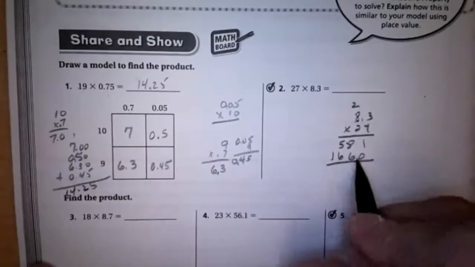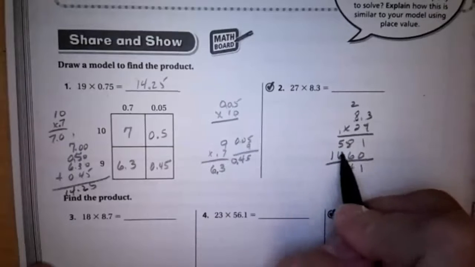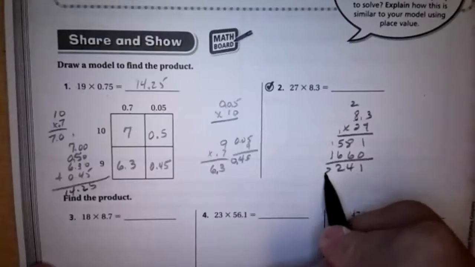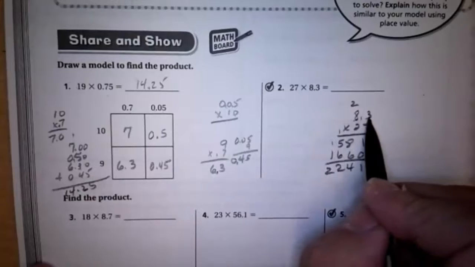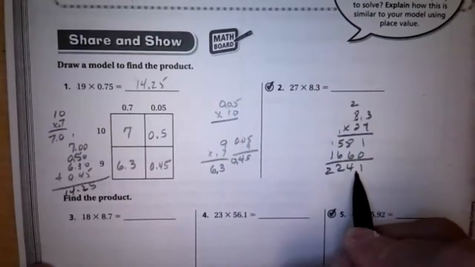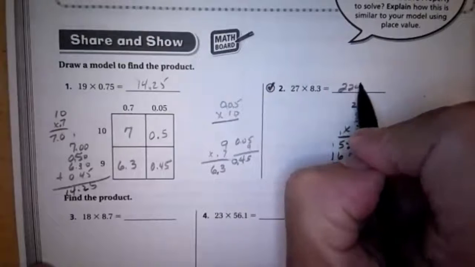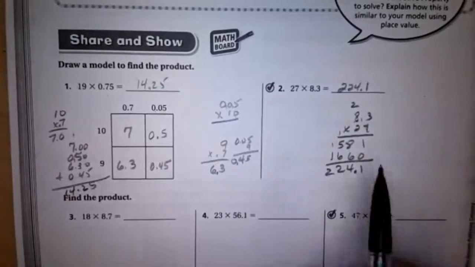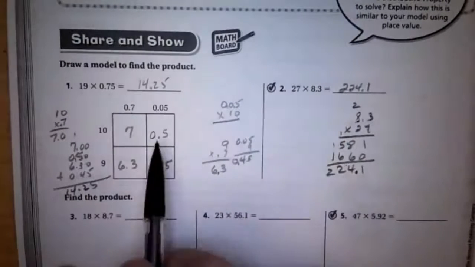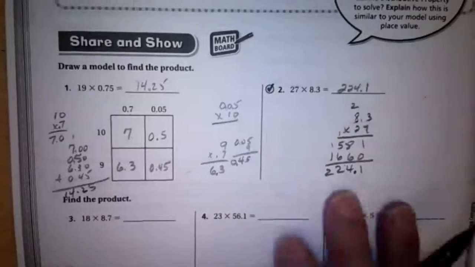So add, you get 1, 14. 6 and 5 is 11, 1 is 12. 1 plus 1 is 2. You have one number to the right of the decimal, none here, so one number to the right of the decimal in your answer. So your answer is 224.1. You can do it this way, or you can set up a box method and do it that way. It's up to you.